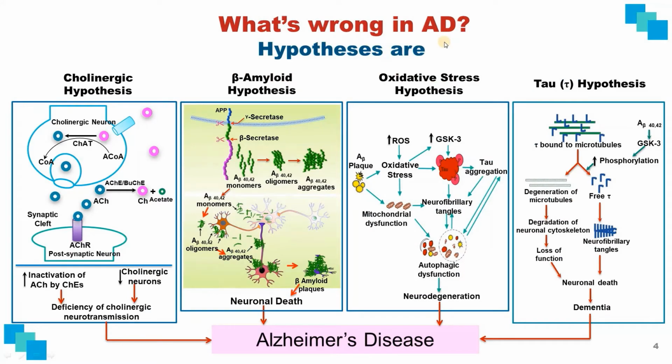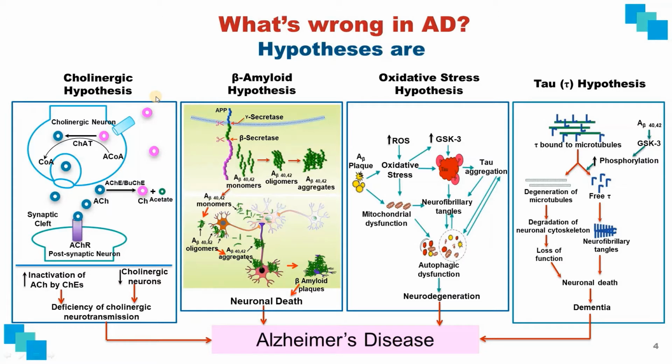What's wrong in AD? There are 4 hypotheses that describe the pathogenesis of Alzheimer's. Let's discuss the cholinergic hypothesis. It has been widely accepted that cholinergic neurotransmission in the brain plays a critical role in learning and memory.